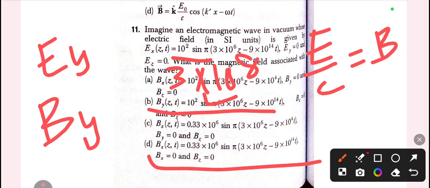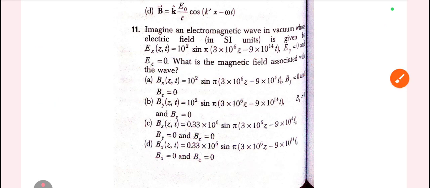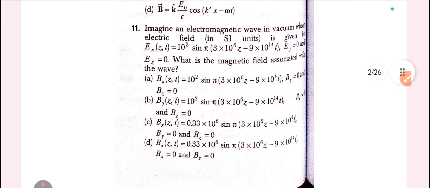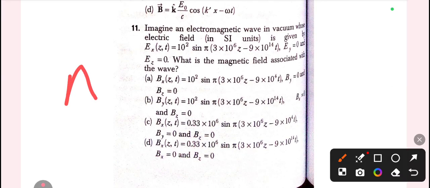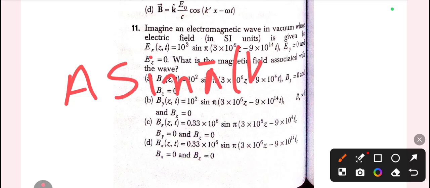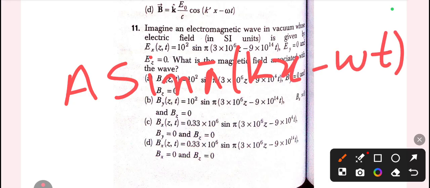Therefore, the option should be Bz of t. This is only a trick. If you want to calculate, then go with Ez equals A sine of pi kx minus omega t. This is the general form.